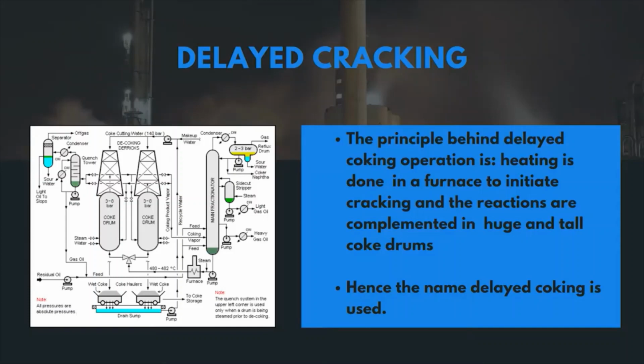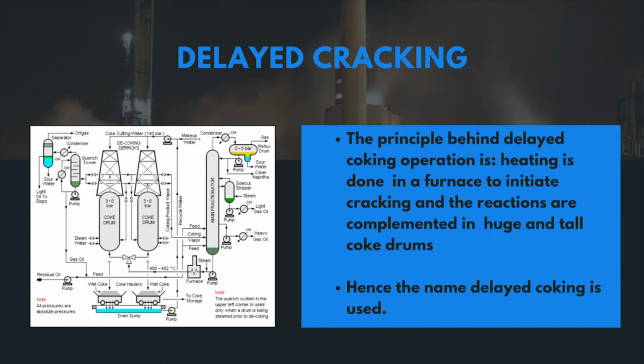As a rule, a series of such coke drums will be put into service in a refinery. While one drum is engaged in getting the feed, the other drum will be in the process of coking or decoking. But invariably, you will have more than two coker drums in most refineries.